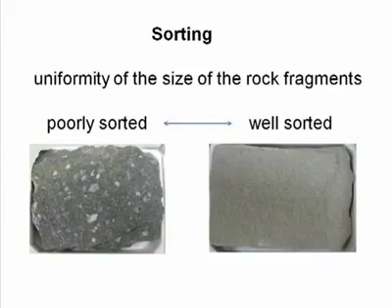If conditions are fairly stable, the same size range of fragments will continue to be deposited and the rocks will be well sorted. If the energy level fluctuates, this can result in variation in the sizes of the particles deposited at a site to make the rocks poorly sorted.